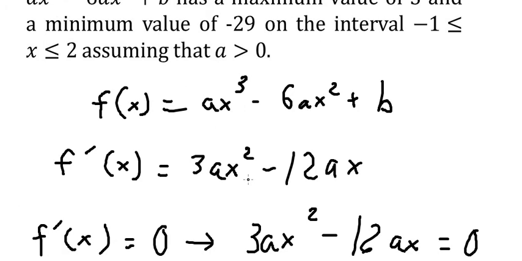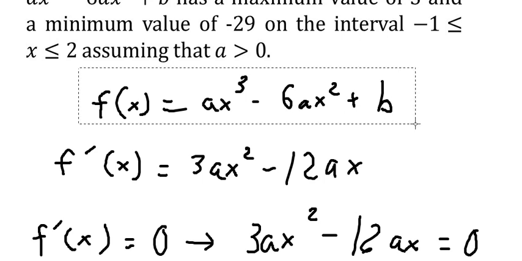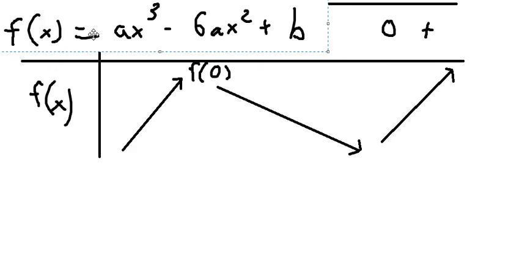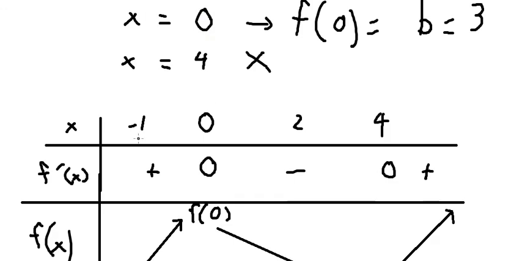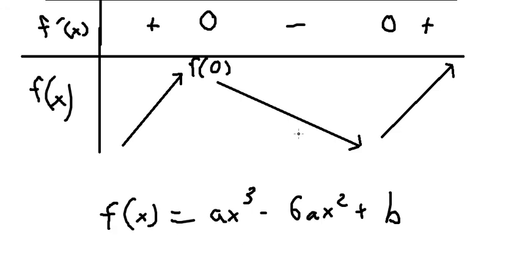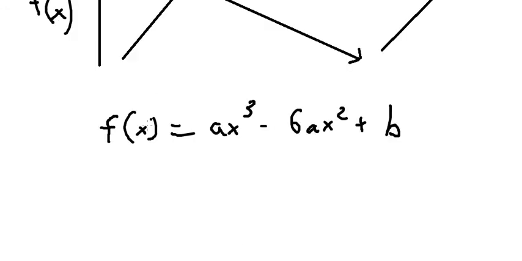Next, we have the function. Now, we need to find which one is the minimum value in here between negative number 1 and positive number 2. So we put f of negative number 1.